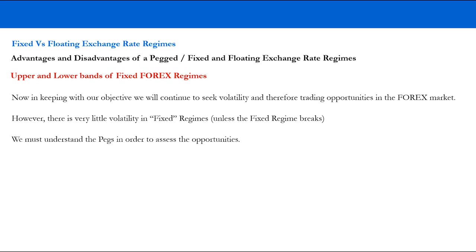And our understanding of these regimes now is going to give us the ability to move on and look further into the potential opportunities and volatility in the Forex market. What we've also done by doing this is what we mentioned earlier, which was to start to really build an understanding and foundation of all things macroeconomics, all things macro. And this is going to continue to be a theme throughout the video series.